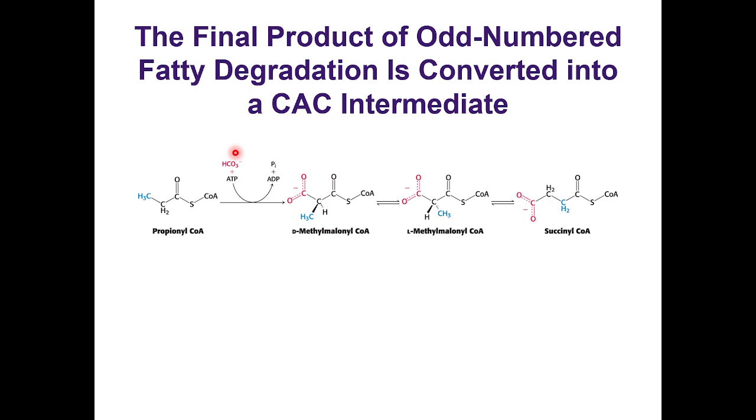Remember, that's the acidic form of CO2. This is going to be plus an ATP. We'll use that ATP energy to do this process. And so that's going to go to the ADP and an orthophosphate. That will give us our D-methyl-malonyl-CoA. Again, that's because of this group right here. See that carbon right there?